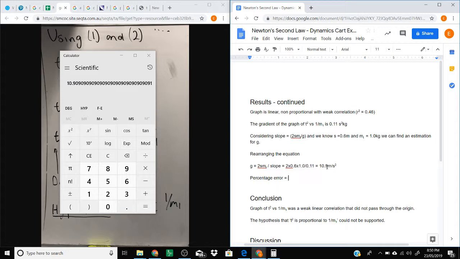Okay, so we're going to write this as g experimental minus g actual, or g theoretical, close bracket, divided by g theoretical.